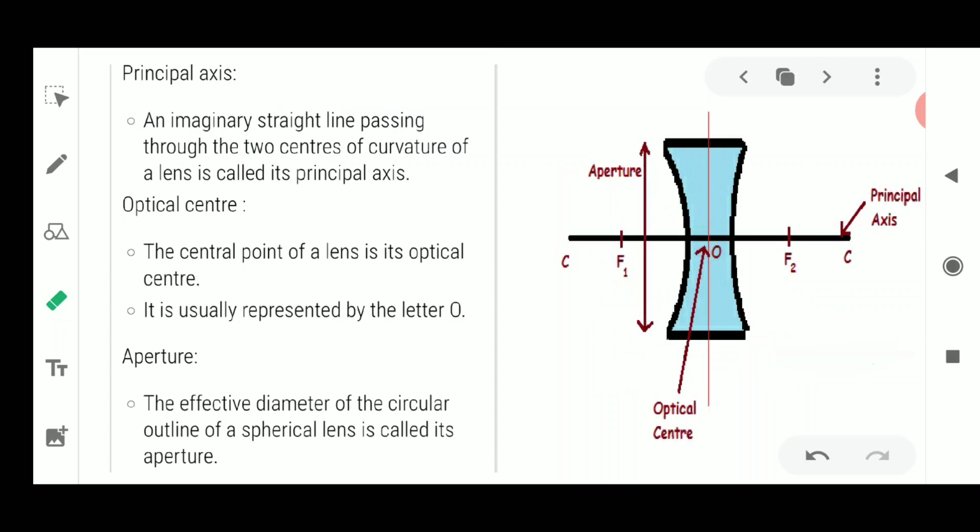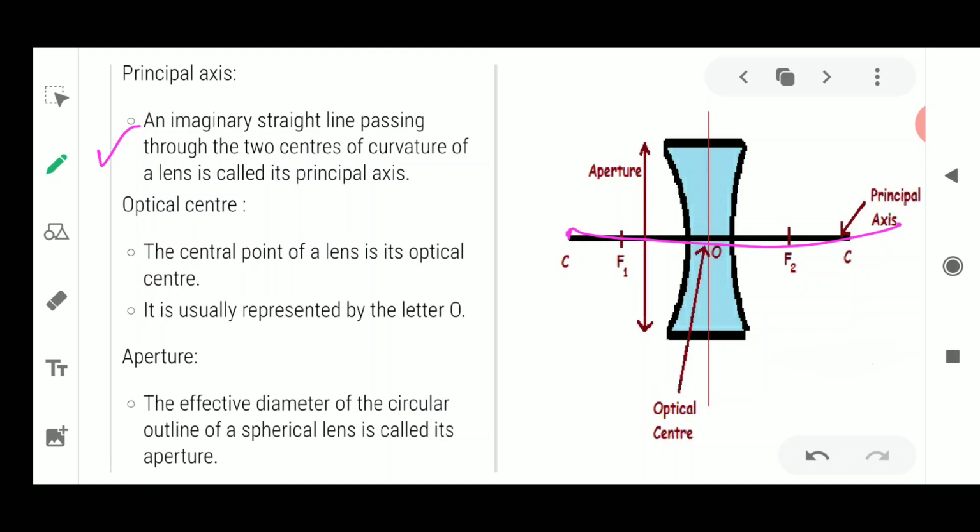The definition of the principal axis says it is an imaginary straight line passing through the two centers of curvature. If we join these two centers of curvature, this straight line is the principal axis. It's very easy, as we have already seen.